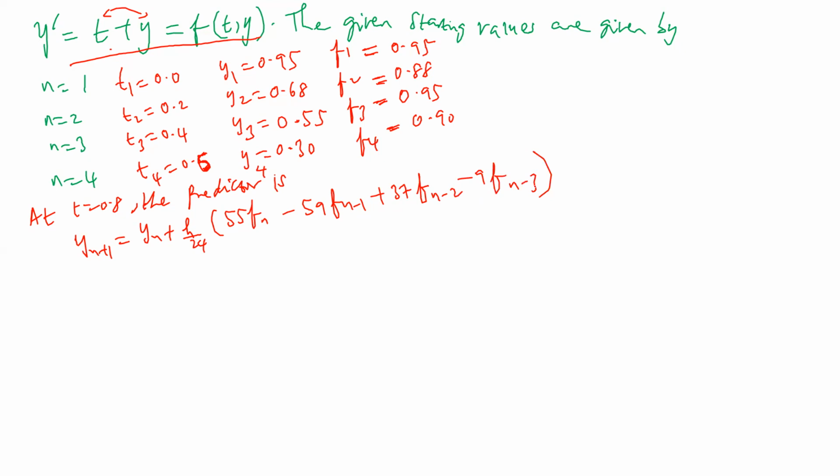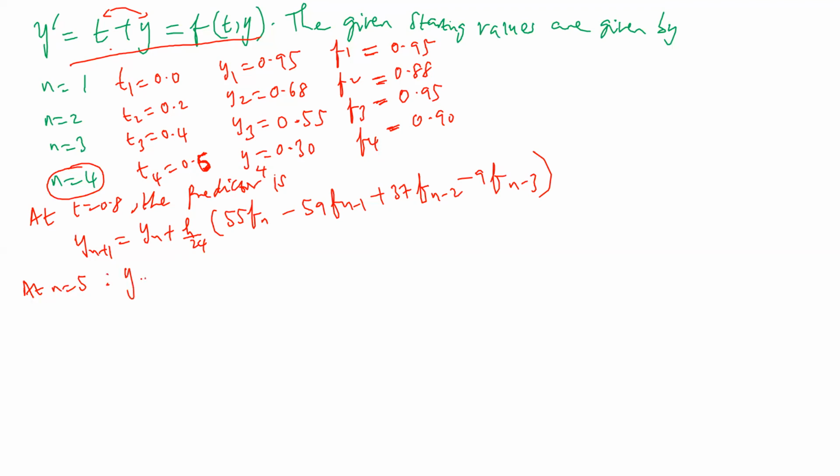Okay, so now what y value will this predictor give us? With n equals 4, now it's going to be at n equals 5, because here we were at n equals 4. So we're dealing with n equals 5, and that must be y5.